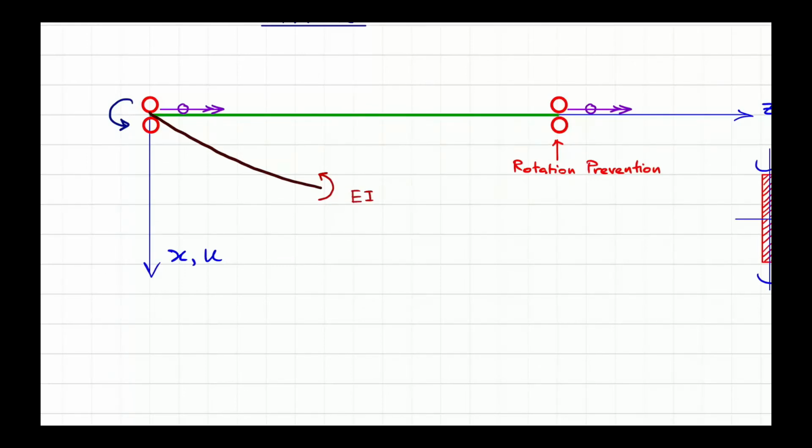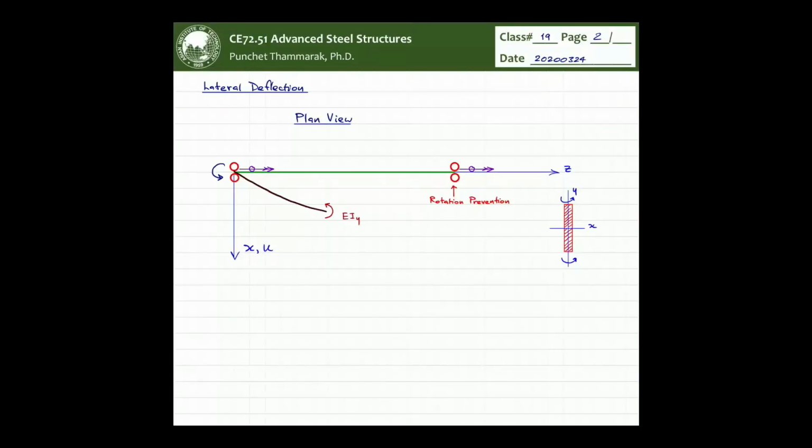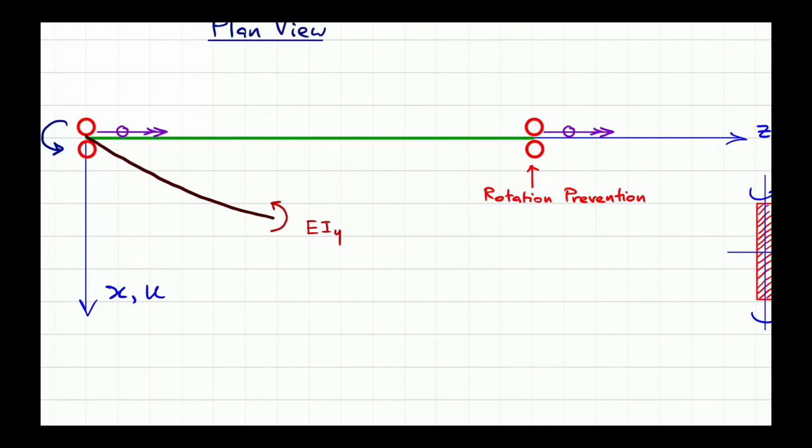So the magnitude of the internal moment at the cut can be given by E times I subscript y. Now, how do we calculate the curvature? It will be a function of u, right? Because u is going to describe the deformation within this x and z plane, and u will be differentiated. So we take the second derivative of u with respect to z squared, as you can see here, and then we take the absolute value of the second derivative as shown.